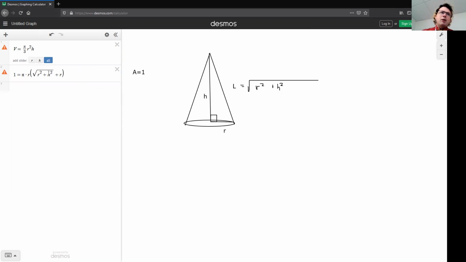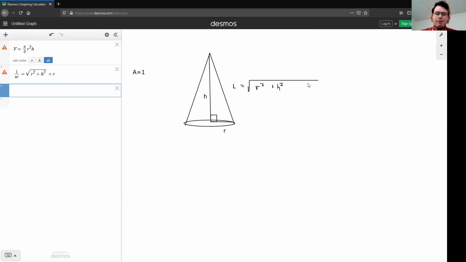It'll be a little bit easier to isolate that h because there's only one of it. So if this equation is true, I can divide both sides by pi times r. 1 divided by pi times r must be the square root of r squared plus h squared, all plus r. Okay, that looks a little bit better.